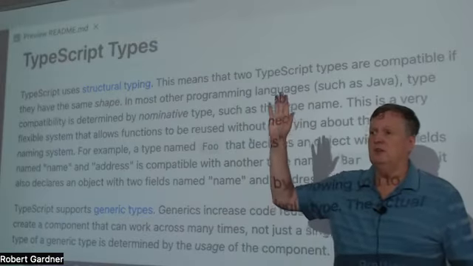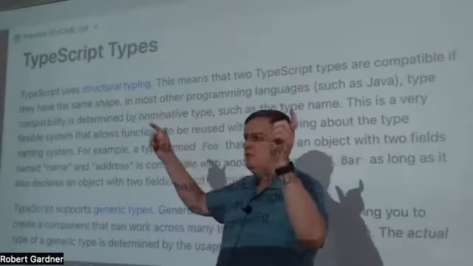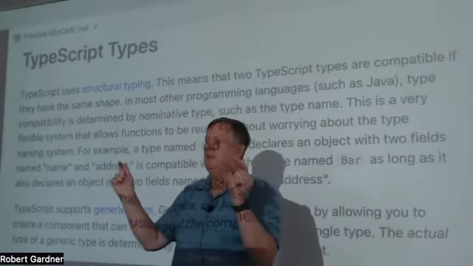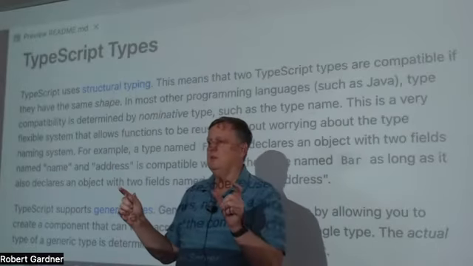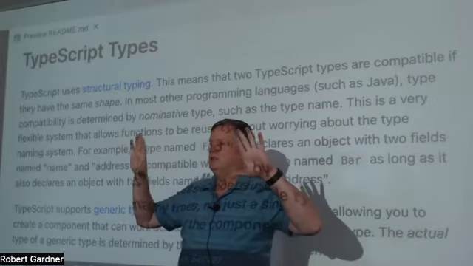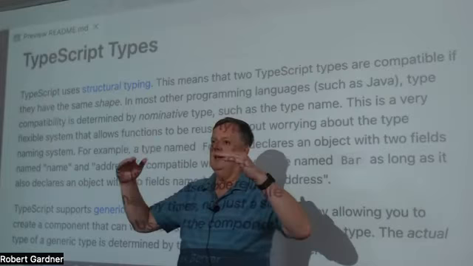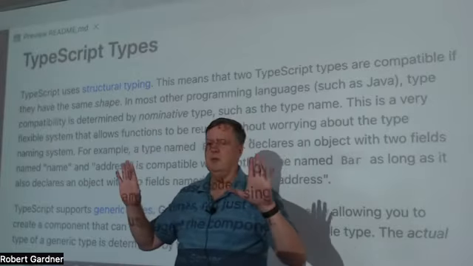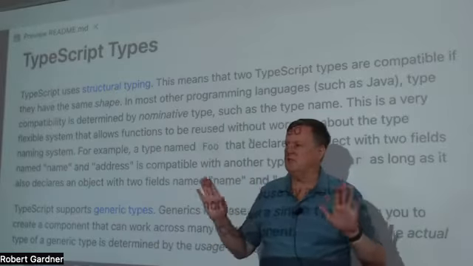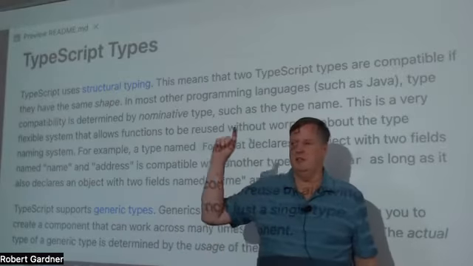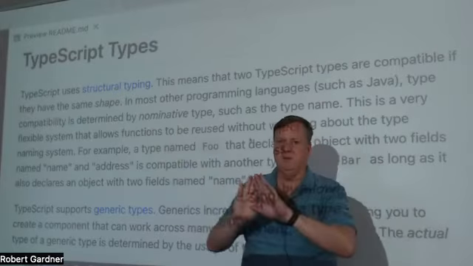any thoughts of what is the structure? So if I have two objects that have fields name, address, phone number, as long as my two types are objects that have name, address, and phone number keys, then they are compatible. So I can pass them to each other. So it looks not at the names, but at the structures. So it looks to say, are they both objects? Do they both have the same keys? Yes, they're compatible.